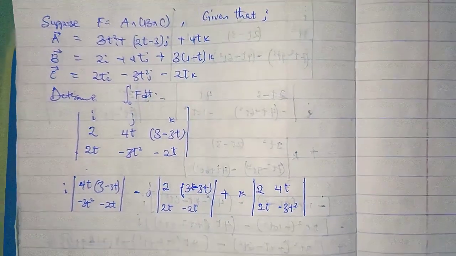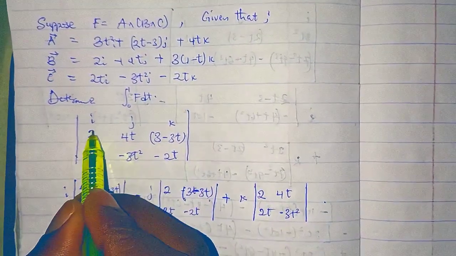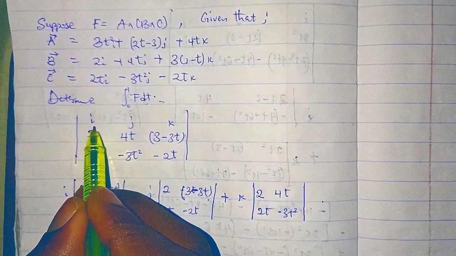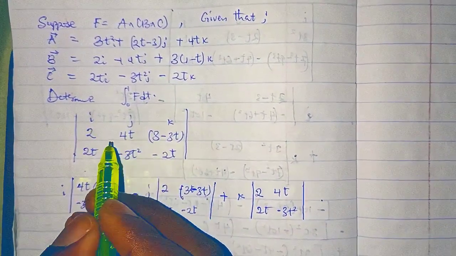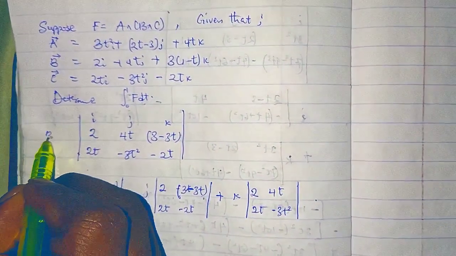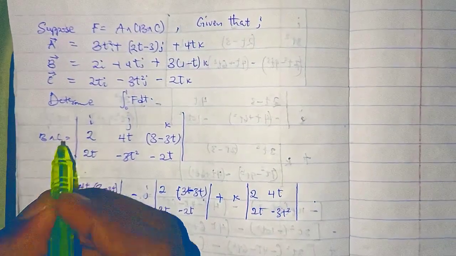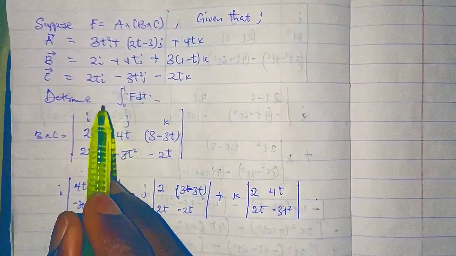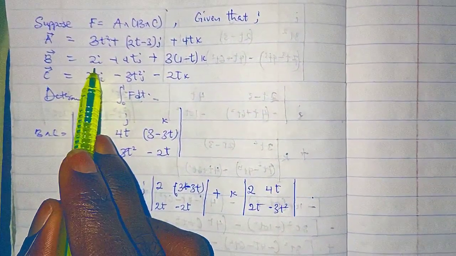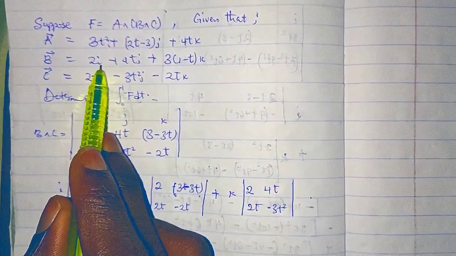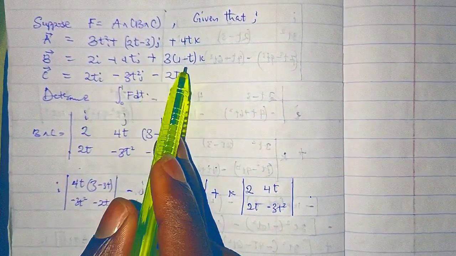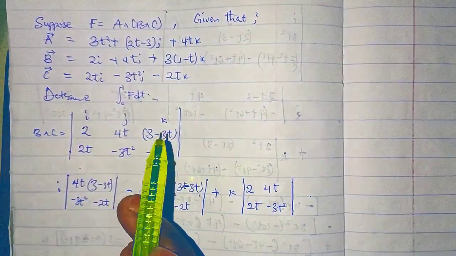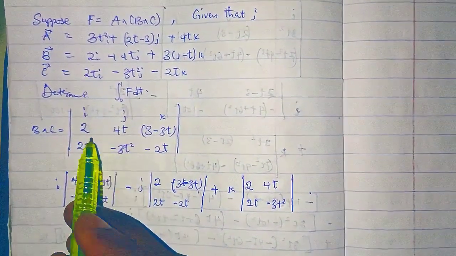Now to find b cross c, we just have to write down our vectors i, j, k, and then this is b cross c. So from b we are going to pick the respective coefficients with respect to the vectors i, j, and k. For vector i, the coefficient is 2.